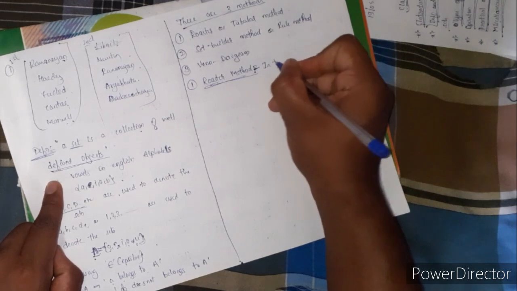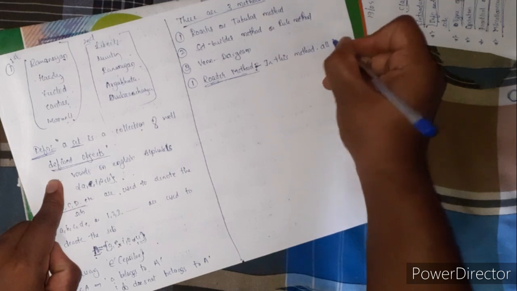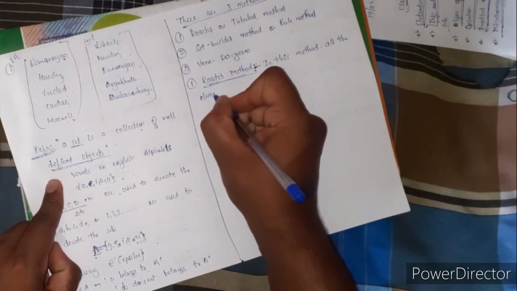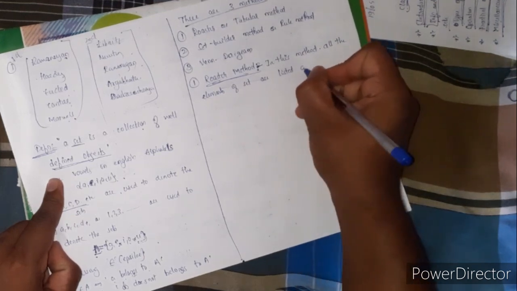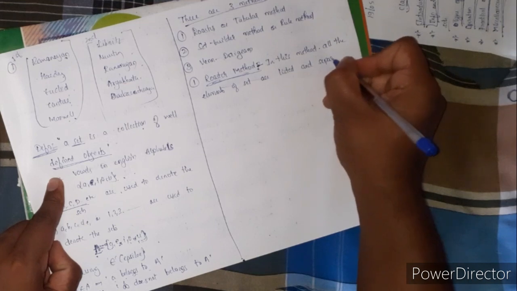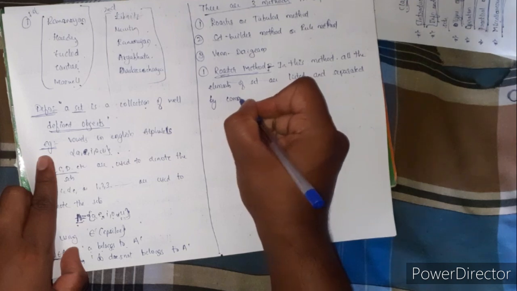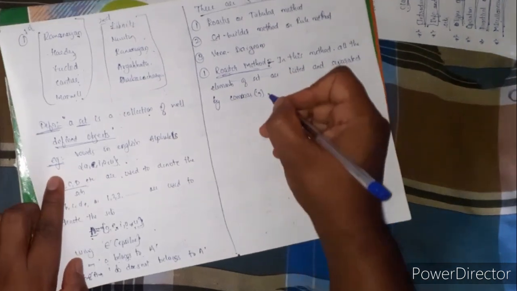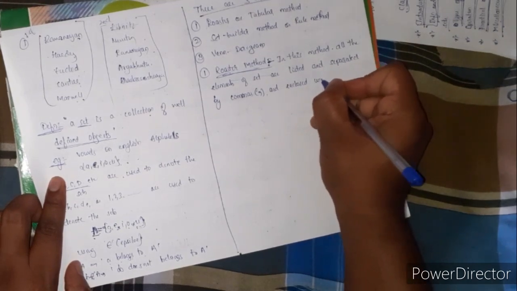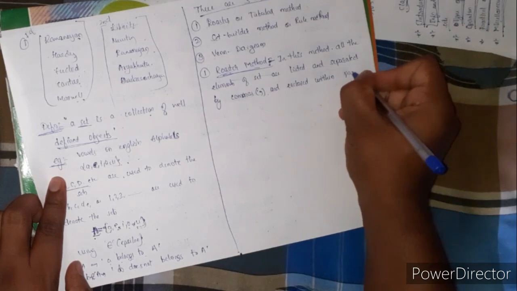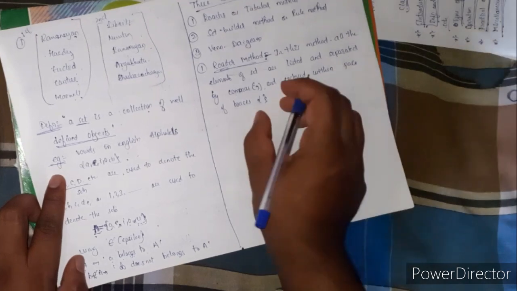So in this method all the elements of the set are listed and separated by commas, and enclosed within a pair of braces. So these are nothing but braces.